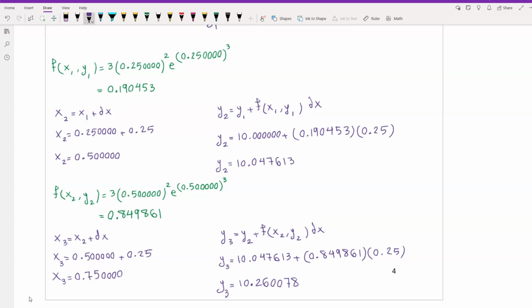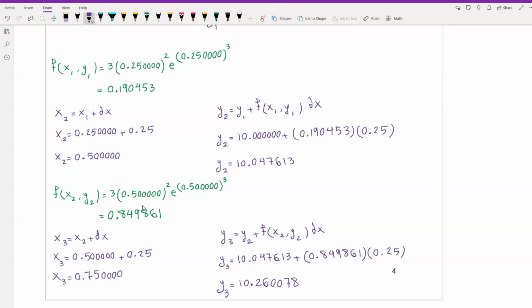So what we have for y2 is equal to 10.047613. And based on that, now finding f of x2, y2, that is equal to 3 times 0.50 to the second power times e to the 0.50 cubed, and this is equal to 0.849861. Again, I've rounded to 6 decimal places.